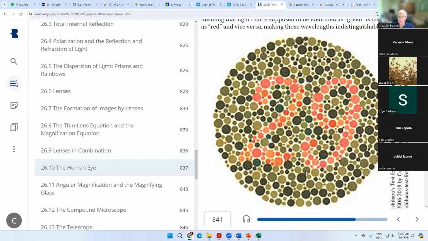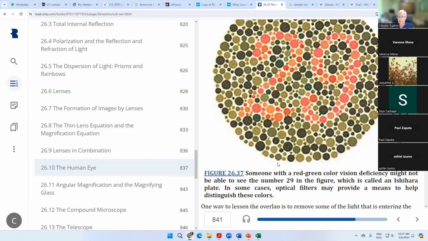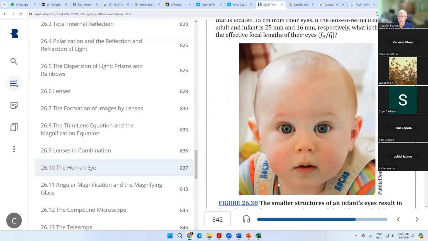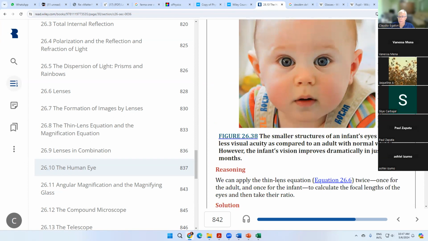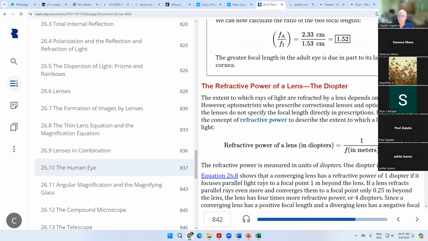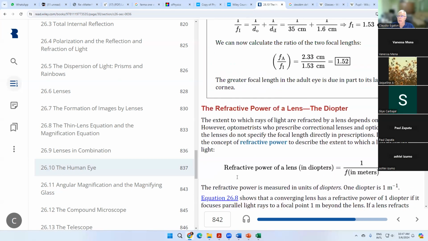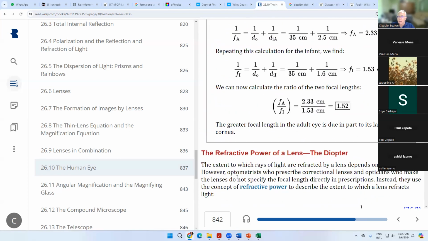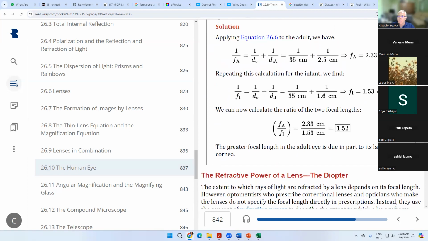And here's the case of individuals that cannot distinguish colors, right? But we are not covering that. Okay, and let's see.